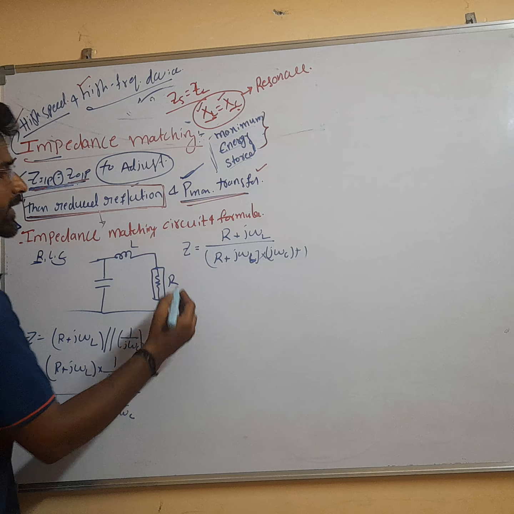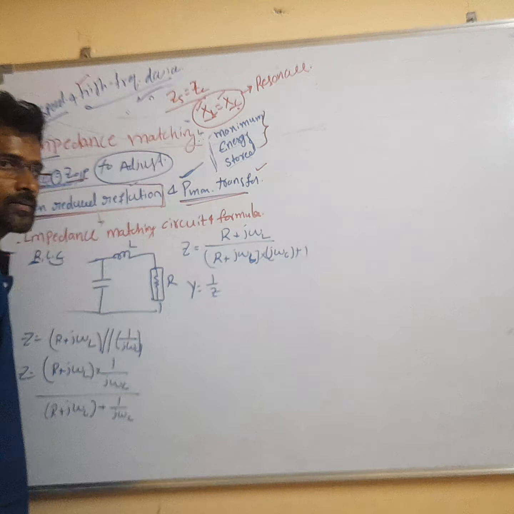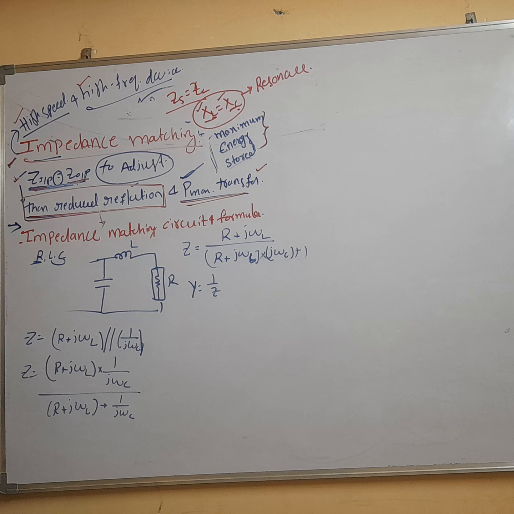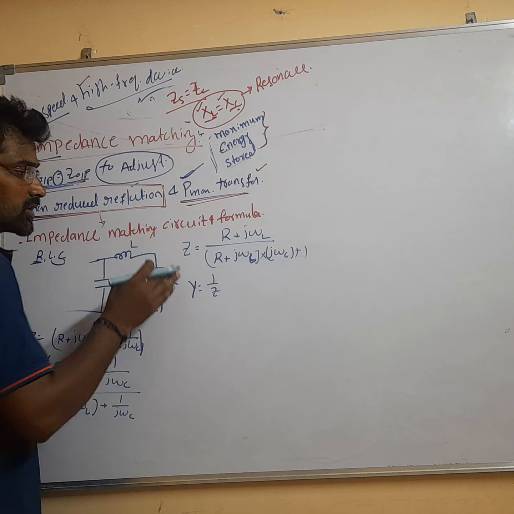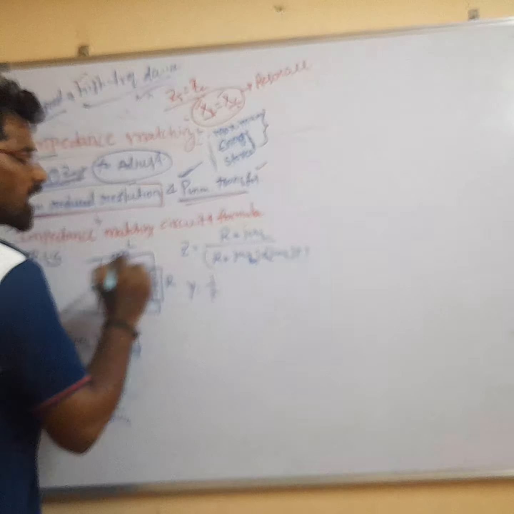So it will be converted into admittance. What is the admittance? Admittance is equal to 1 by Z, so the impedance is changed to the admittance format.